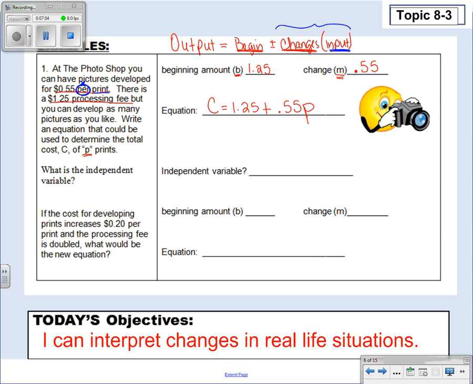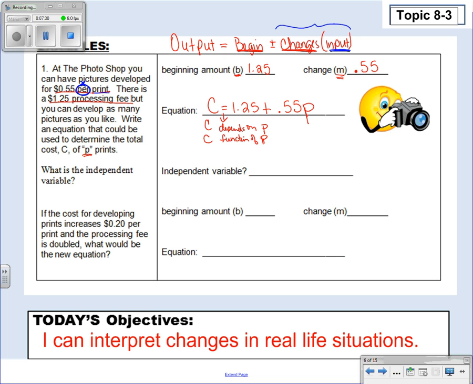Now that we have an equation, then we can figure out the independent or dependent variable. In our vocabulary before, we saw that equals also means depends on. So if I read this equation, it tells me C depends on P, or my output depends on my input. C is also a function of, because our equal sign also means it's a function of.